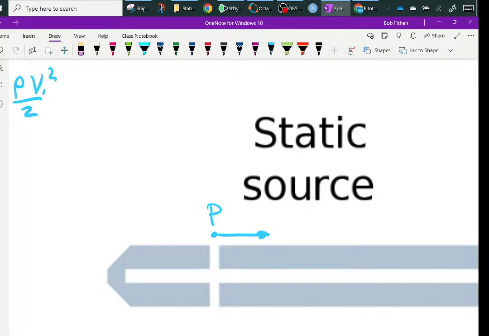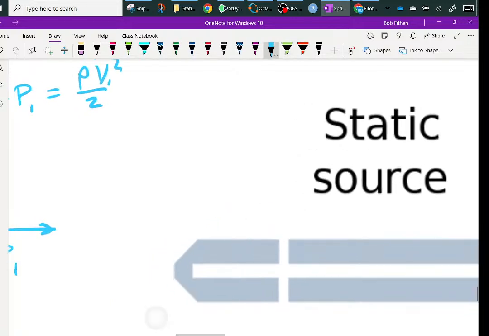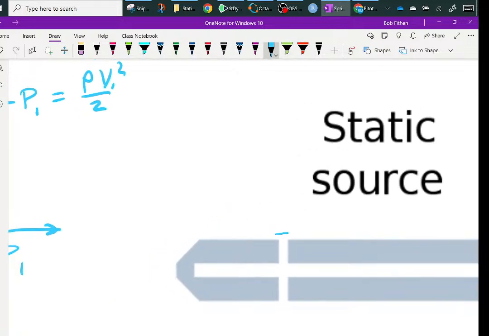But if the flow just goes from left to right, and nobody goofed up the construction with something like this on the edge, say somebody left a burr on here, the flow will have to come up and turn, and come back down. In the turn back down, it'll produce a lower pressure here.